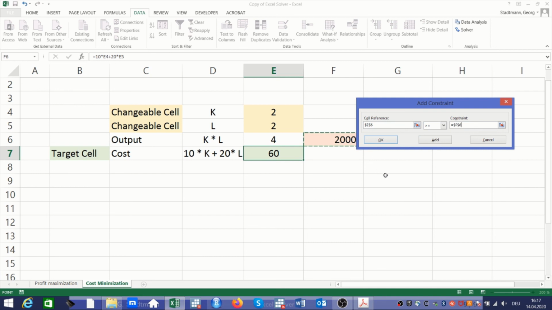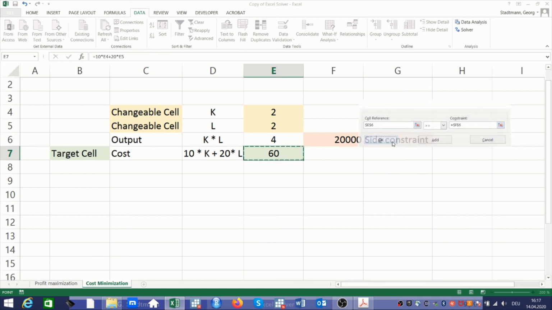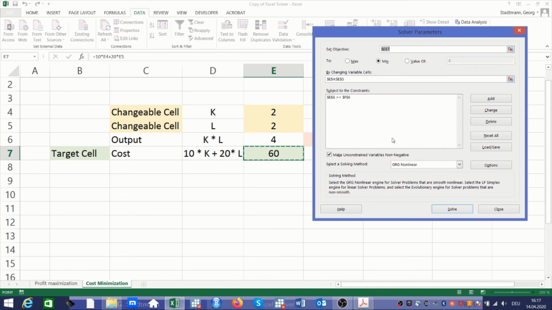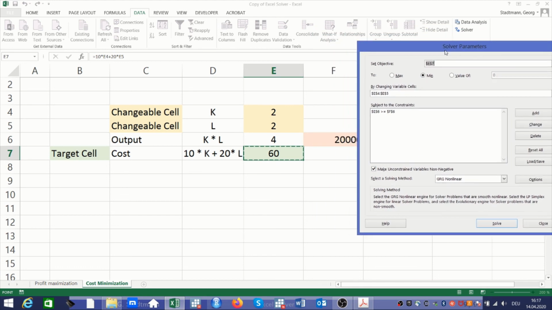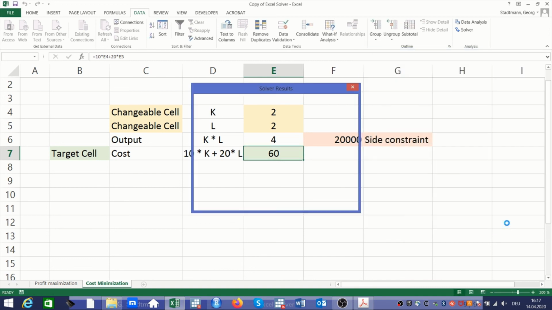So we want to produce at least 20,000 cars. So the cost cell should be minimized by changing variable cells E4 and E5, and then we add this side constraint. Now I press the solve button and hopefully we get the optimal result.